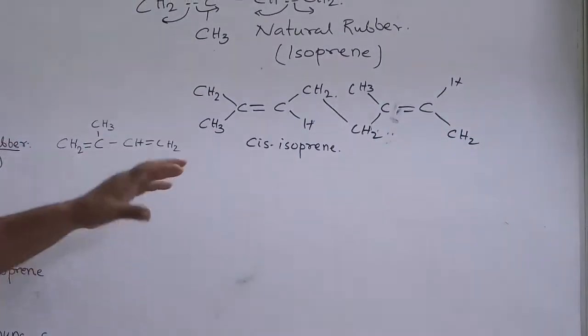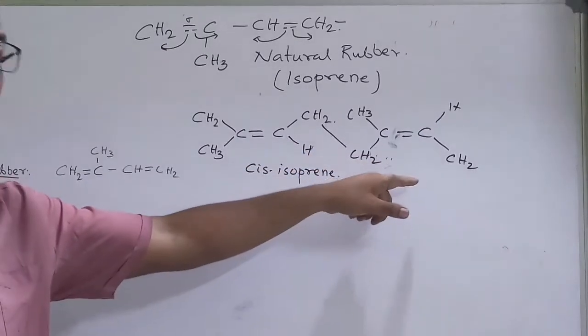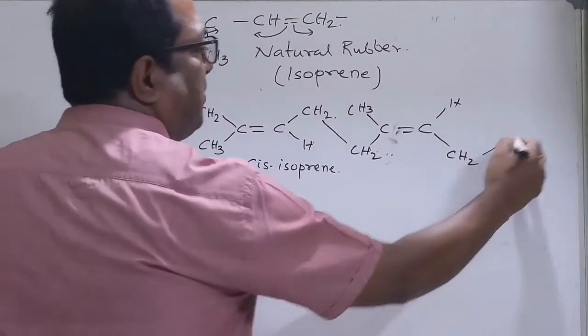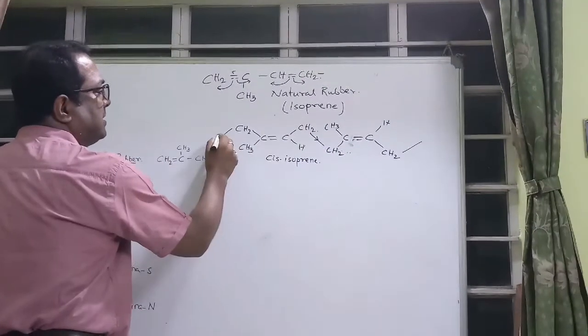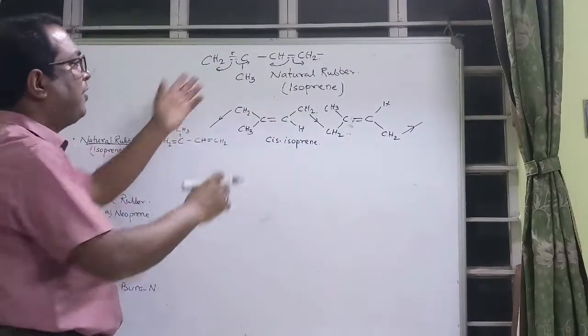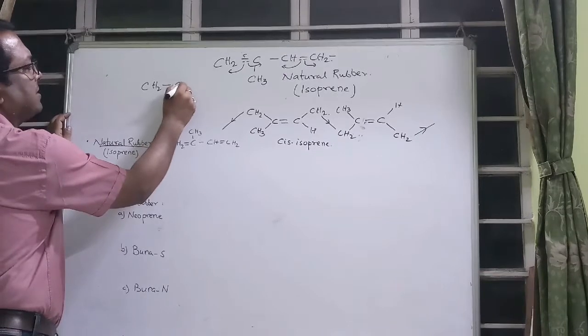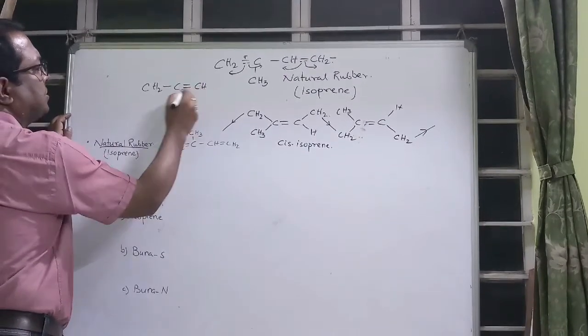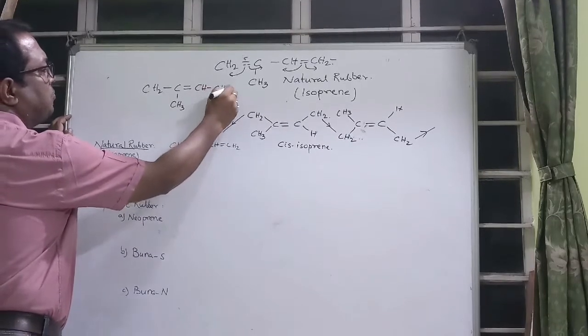So in case of rubber, you can see the natural rubber, they are forming a polymerization. This is the polymerization. So with the CH2 group, they form the polymerization. So you have here CH2 single bond, C double bond, CH, CH3, and then CH2, one hand open.